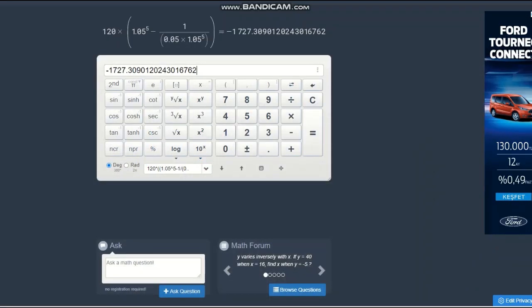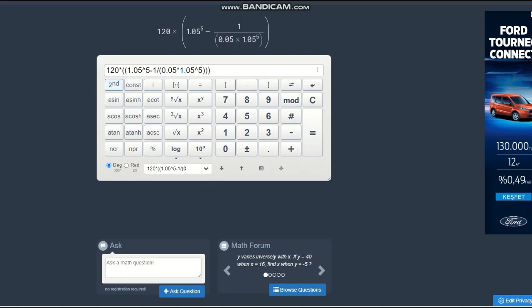Because here we will multiply and then subtract it. So let's go back to here. These terms are gonna be all together. Let's make it in this form: 1.05 to the power of 5 minus 1 over these terms.